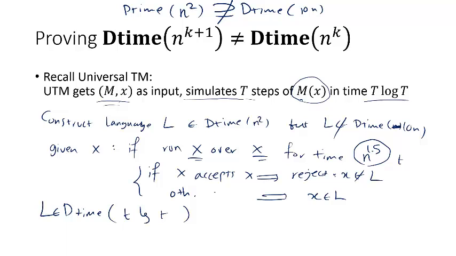The universal Turing machine takes a little longer, because it's an interpreter, and the time it takes is like t log t. Now this little t is actually n to the 1.5. You can see that this is still smaller than n to the 2, because the logarithm of n to the 1.5 is still smaller than any polynomial. Logarithm is much smaller than polynomial.